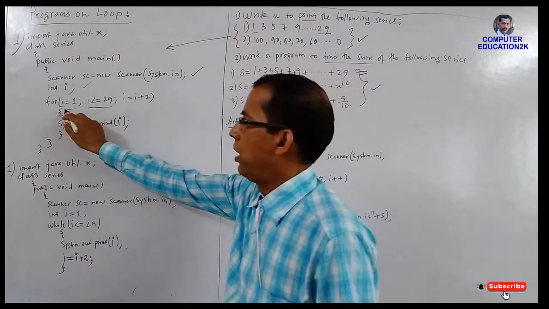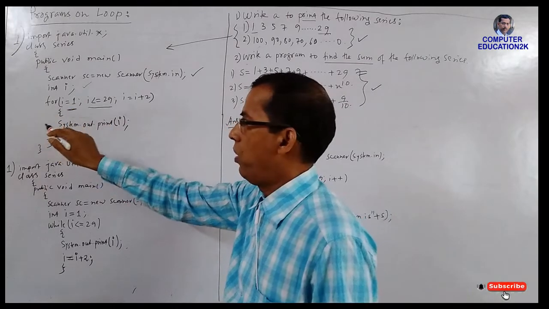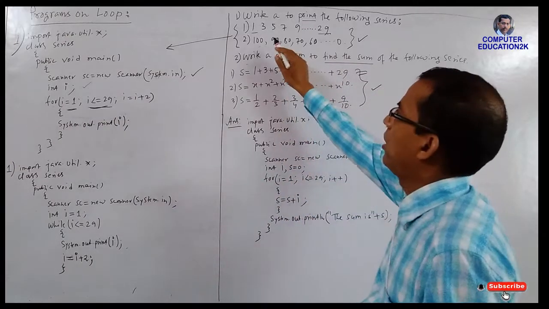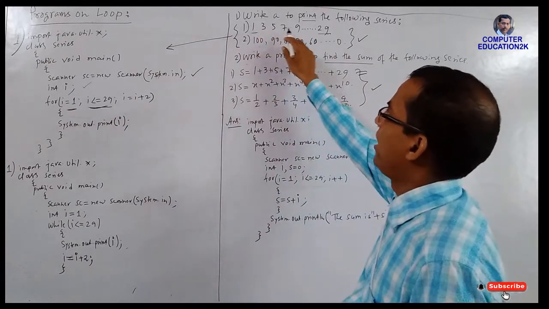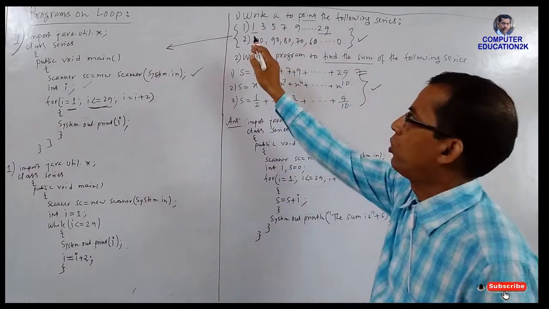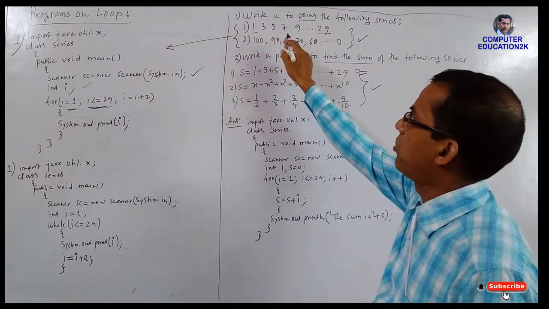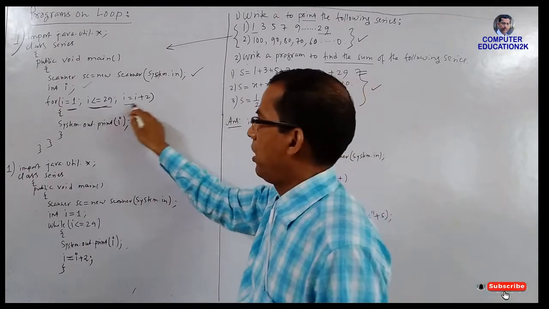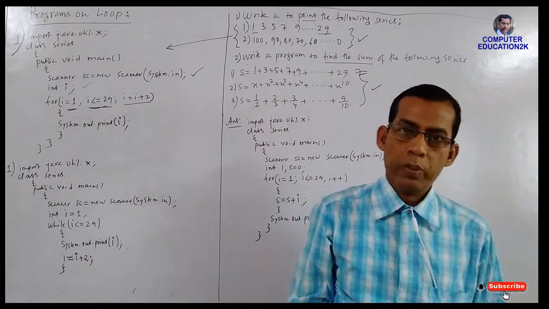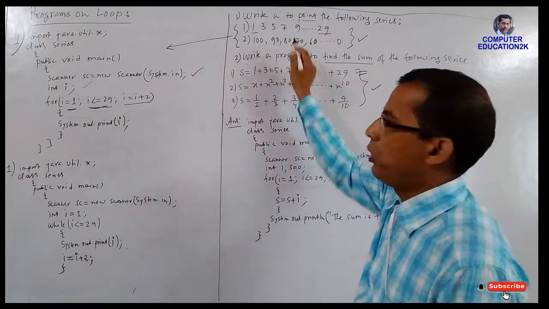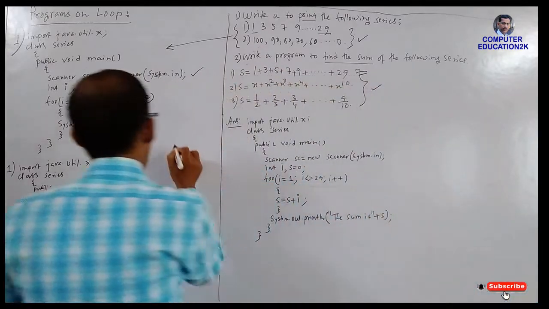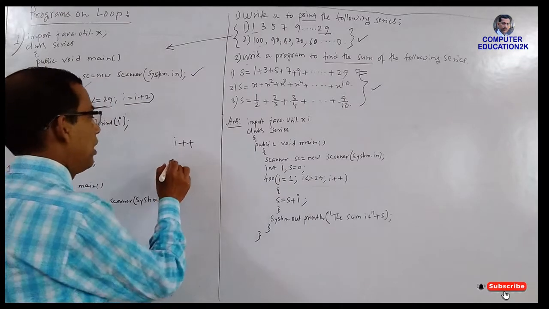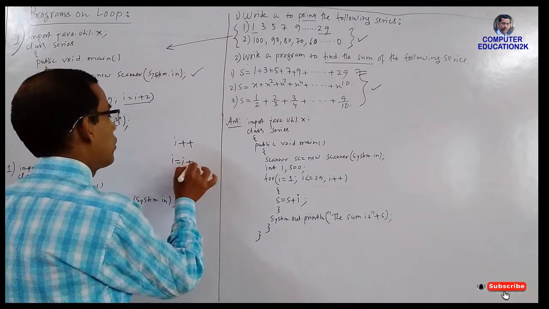Here I have initialized the value of i with 1, and this is the condition, and you can see here the values are increasing by 2. First is 1, then 3, then 5, then 7, then 9. It is increasing by 2, so I have to write i equals i plus 2. If it increases by 1, then we write i plus plus. But if it increases by 2, then I write i equals i plus 2.